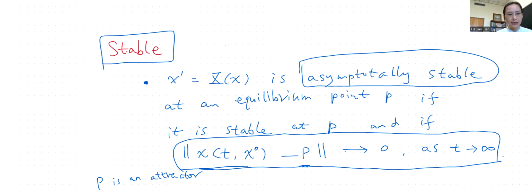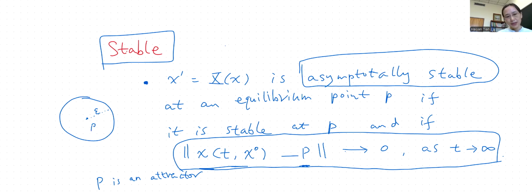That means if we have a point P, suppose this is the epsilon neighborhood of point P. And what is stable?